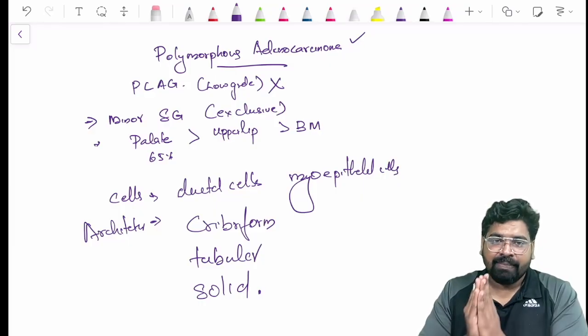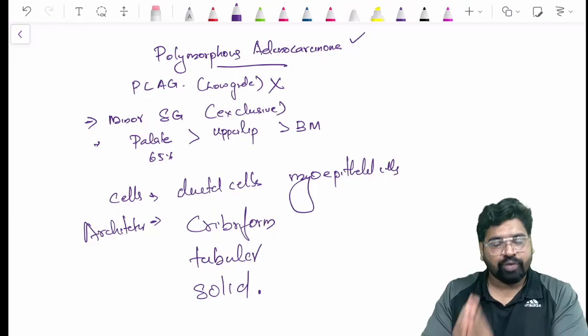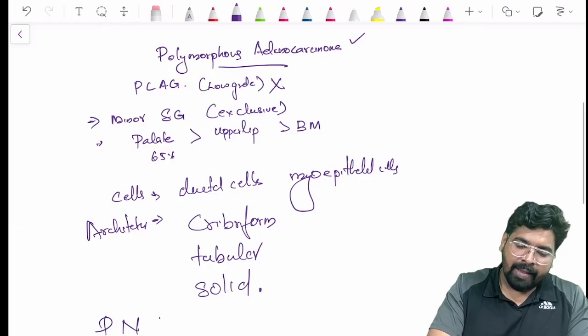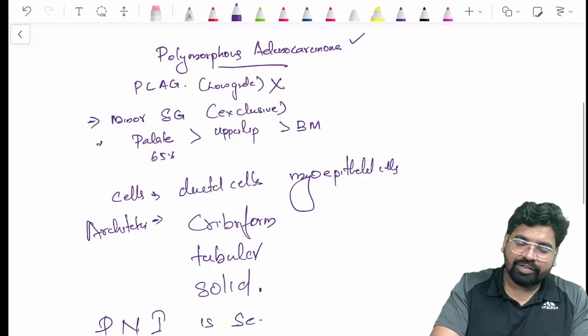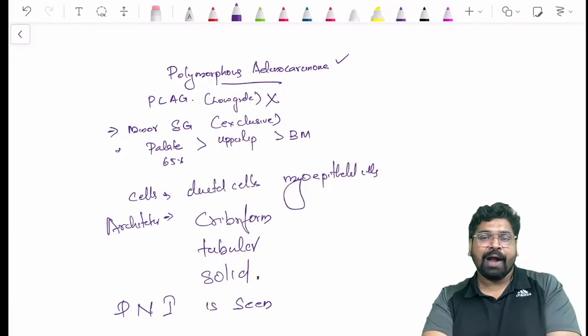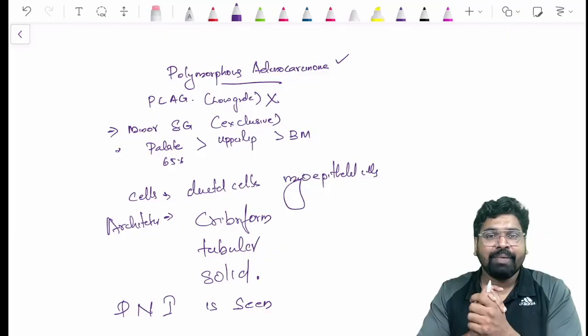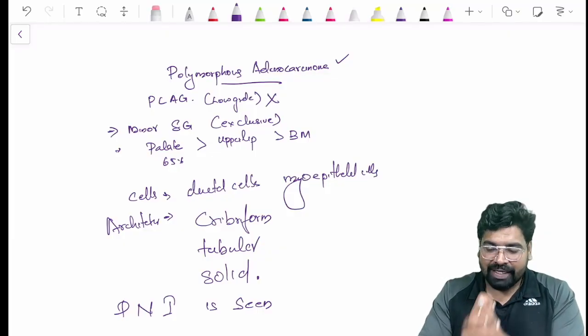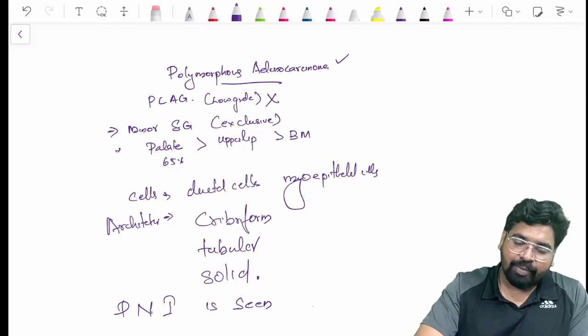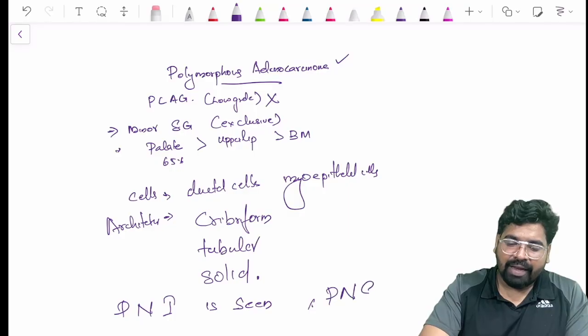Both are biphasic. Both will show cribriform, tubular, and solid patterns. Both will show perineural invasion, PNI. See how similar they are. Polymorphous adenocarcinoma and adenoid cystic carcinoma look very similar. But one thing is there: the perineural invasion is seen, but polymorphous adenocarcinoma will not show perineural spread.